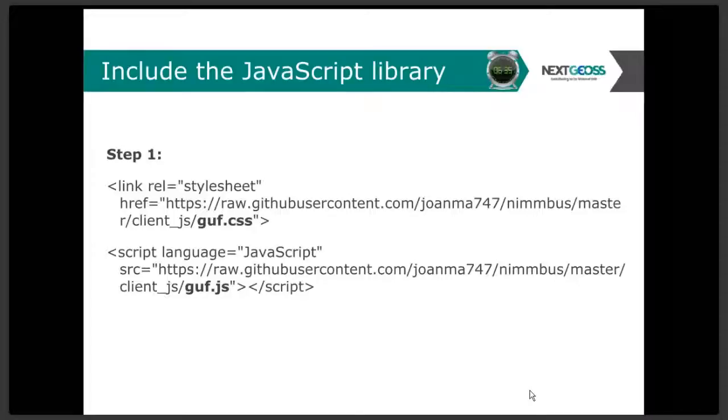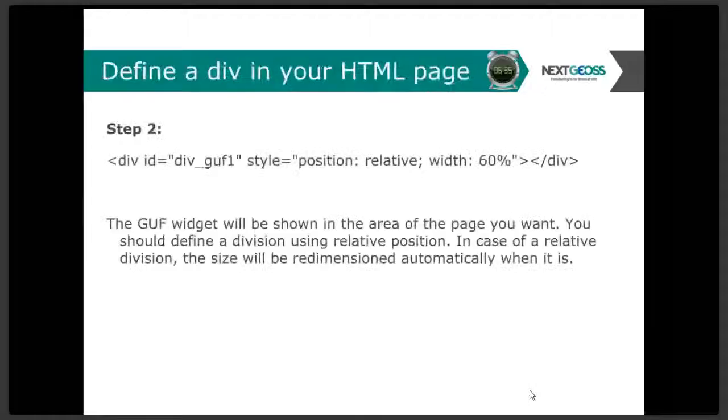It will be easy for you in these premises to add a JavaScript library. That's the second line here, and some additional styles. That is the first line here. So very simple. You take those lines, you put them in your document. That's it. Then you need to define a division.